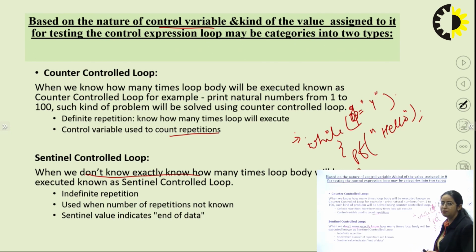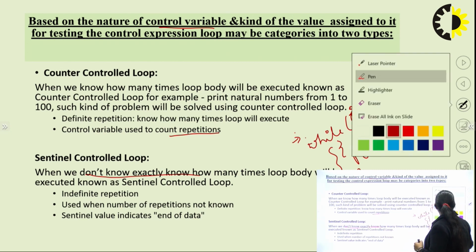That means whenever I press the alphabet y, then only it will execute, otherwise it will not. Otherwise I don't know how many times it is going to repeat. I am giving a condition that whenever I press y, then only we can say it is the end of the data. So that is known as the sentinel control loop.